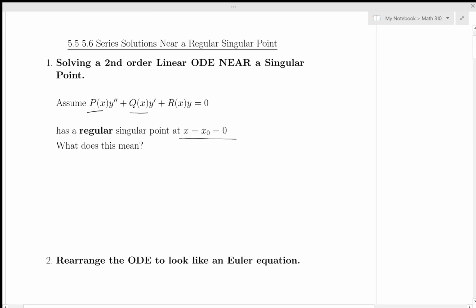And that is not really much of a restriction. If for example the regular singular point was not at 0, we could make a substitution to ensure this. So it's a restriction, but it's not a serious one.